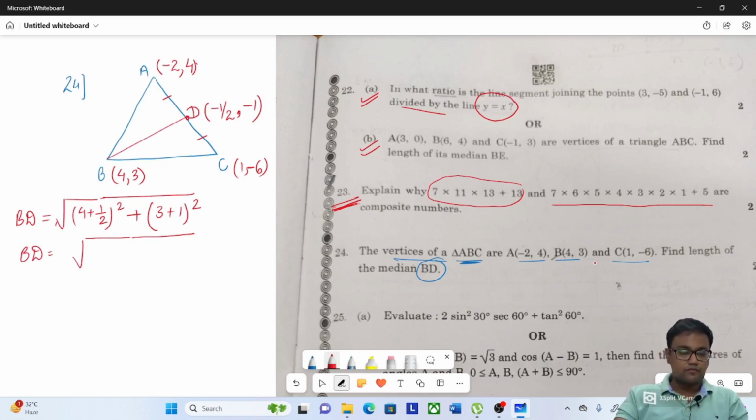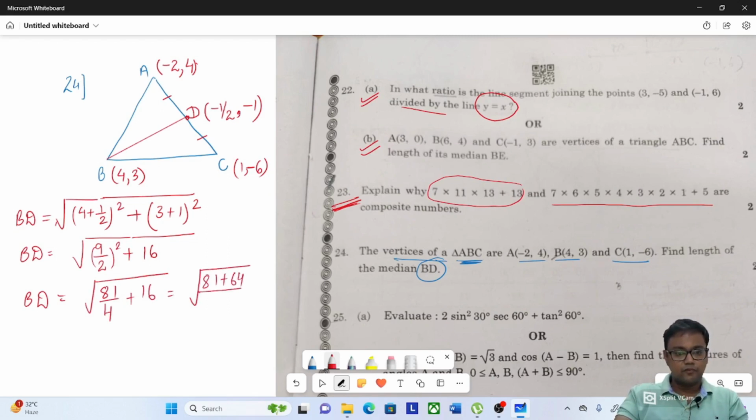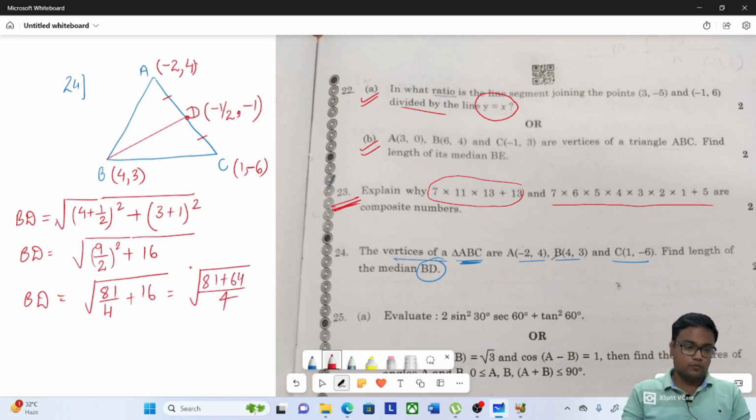First do not square the 4 separately, so it will be 9 by 2 squared plus 16, right. So, BD is equal to 81 upon 4 plus 16, that gives you 81 plus 64 upon 4. So BD is equal to under root of 145 by 4.